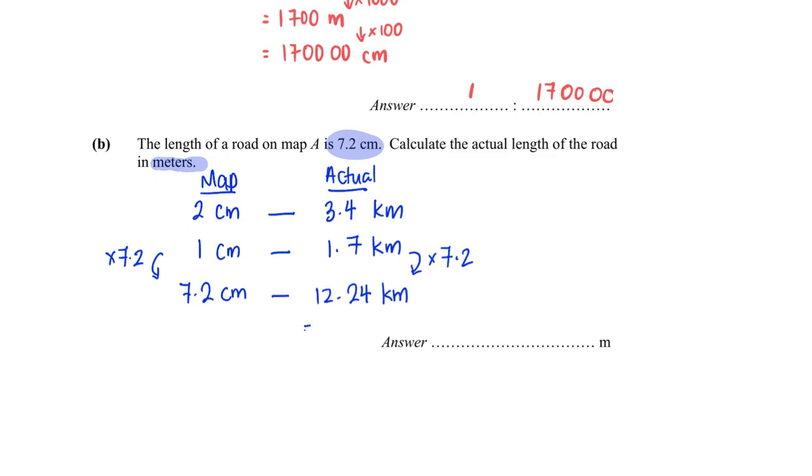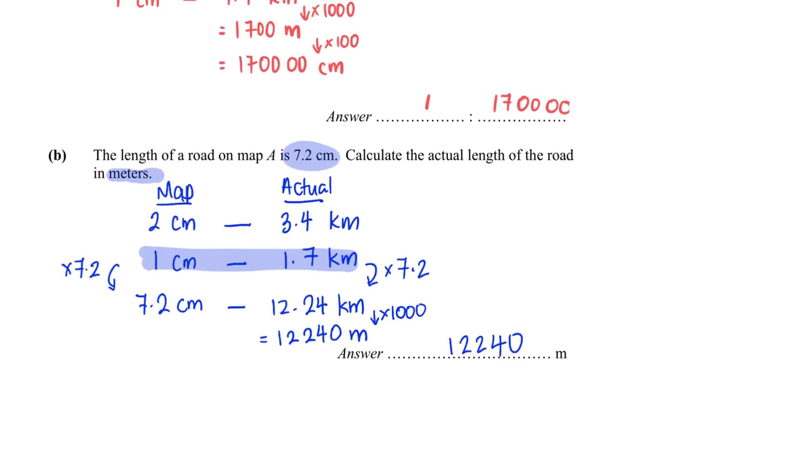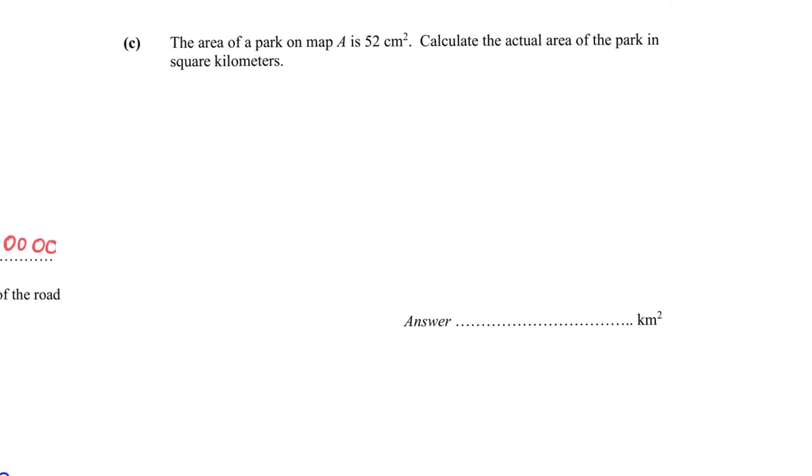So for the final answer, I still need to convert this to meters by multiplying by 1000. So what's the key here? Notice Mr. Tan used this scale because it is easier. Numbers are smaller.